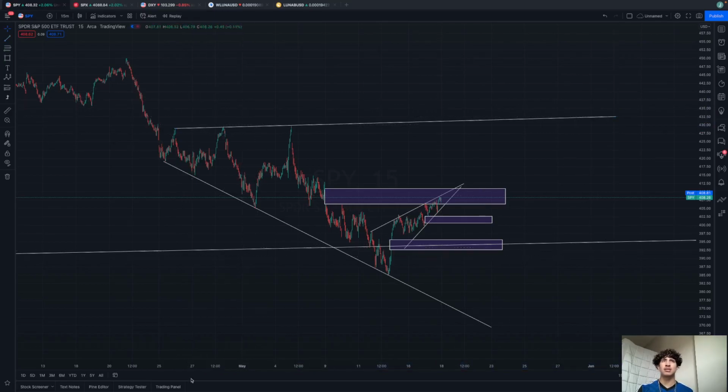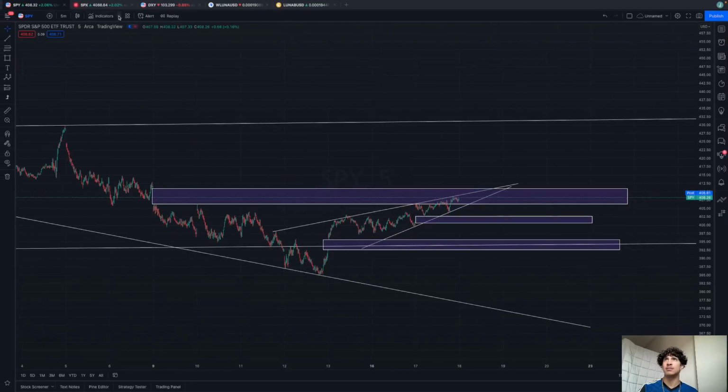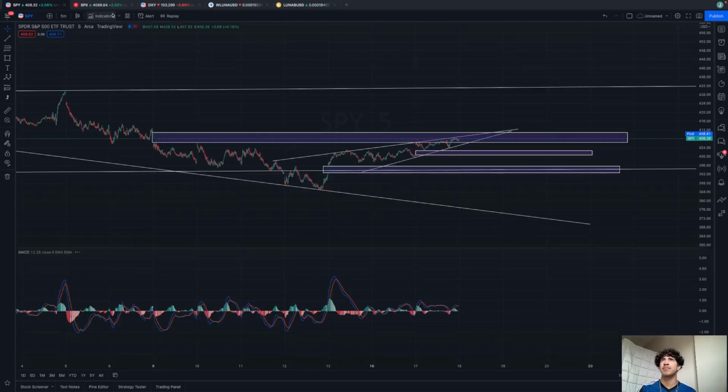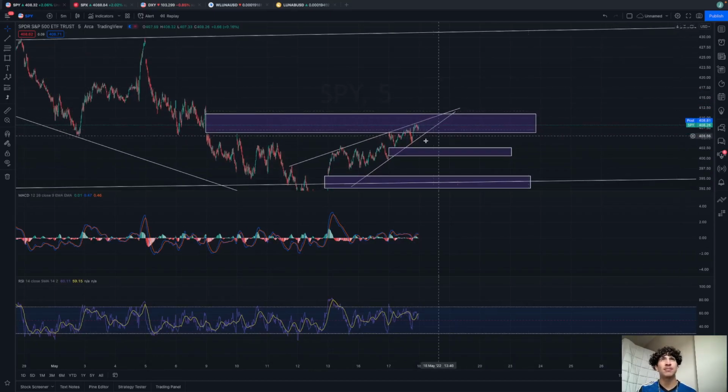But yeah, you got all these trend lines, rising wedge, as well as those bearish divergences on the shorter time frames. I pointed those out yesterday, and we kept going higher. Jerome Powell spoke today. Kind of mixed reactions, I guess, but those bearish divergences are still there on the short term.